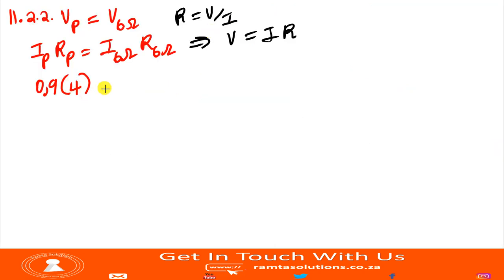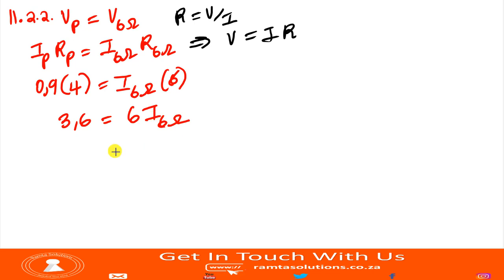We do not know the current in the 6 ohm, and its resistance is 6 ohm. So we have 4 times 0.9, which is 3.6. So 3.6 equals 6I. 3.6 divided by 6 is 0.6. Therefore, the current of the 6 ohm resistor is 0.6 amperes.